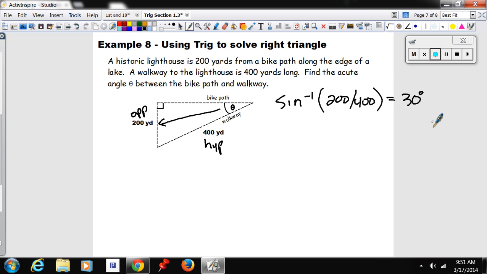If we put in sine of 30, we got 0.5. What is 200 over 400 reduced to? A half, which is 0.5. So the inverse sine of a half is going to be 30 degrees. It's always going to come out as 30 degrees there. So this angle right here was a 30-degree angle. And the last one, like I said, these last three go pretty fast.